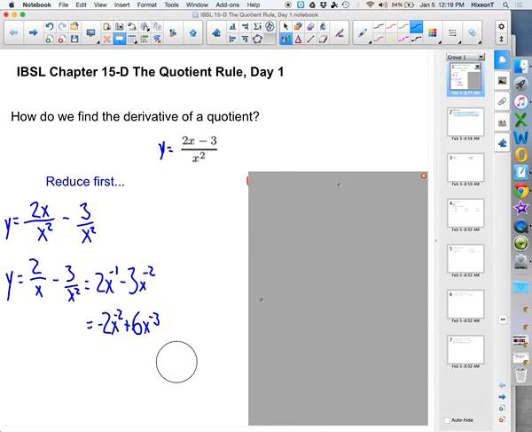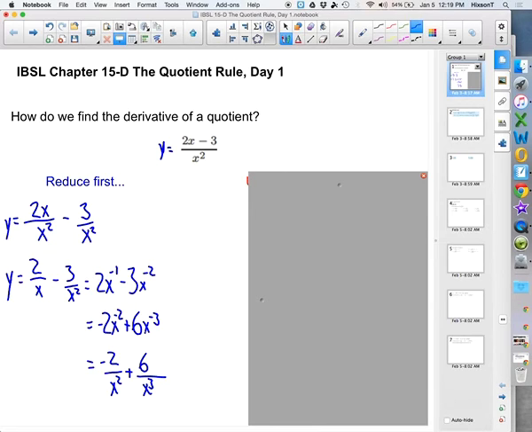Another thing I could do is write this as fractions. Negative 2 over x squared plus 6 over x cubed. And I could get a common denominator and put those together.